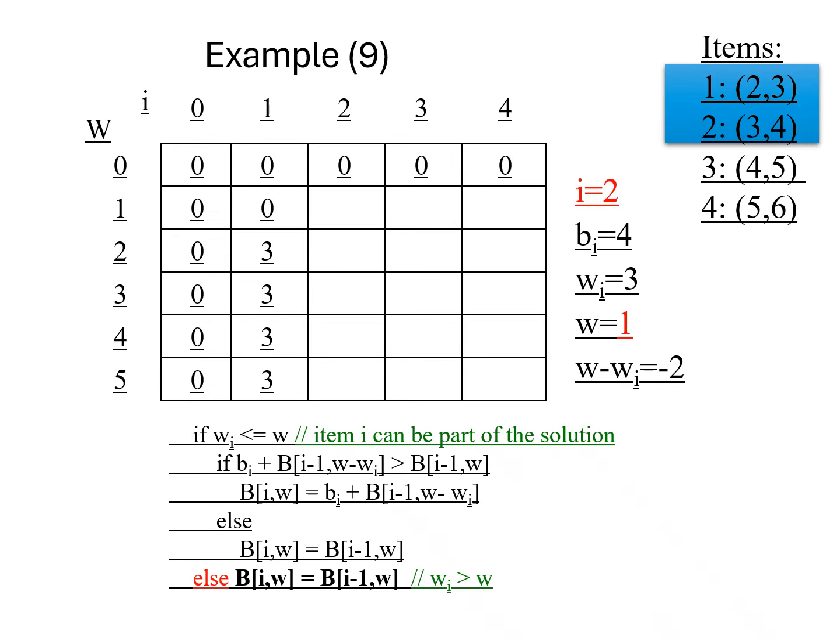Now you have two items, so we are going to fill this column now. You have two items and your total knapsack capacity is 1. So neither of the two items can be added to the knapsack. So we will see that the remaining capacity is 1. So you will pick 1 from the previous column, that means the old solution is the current solution.